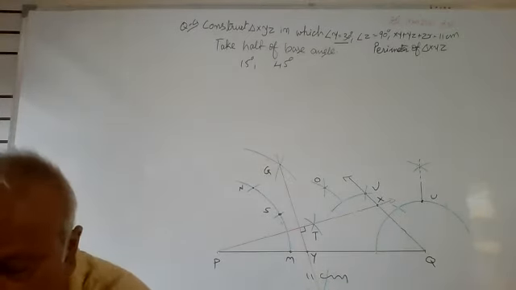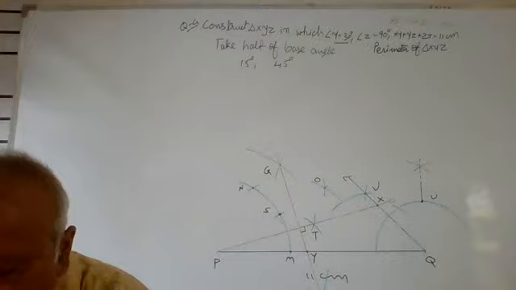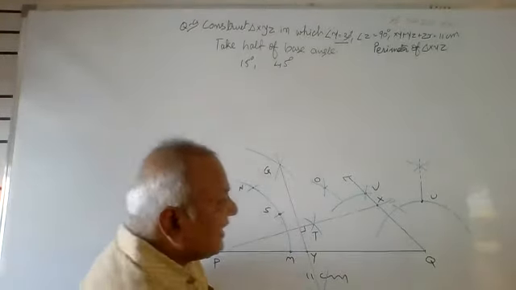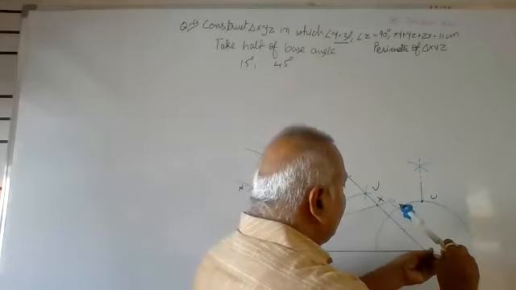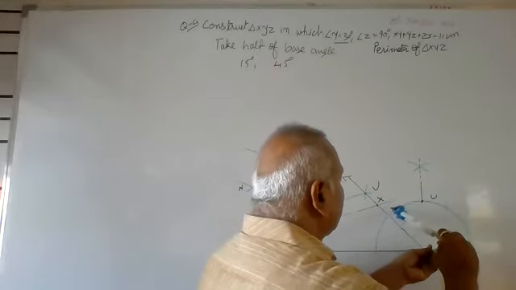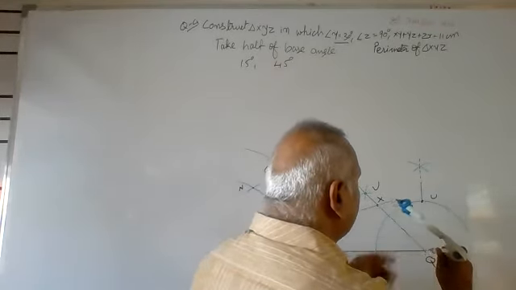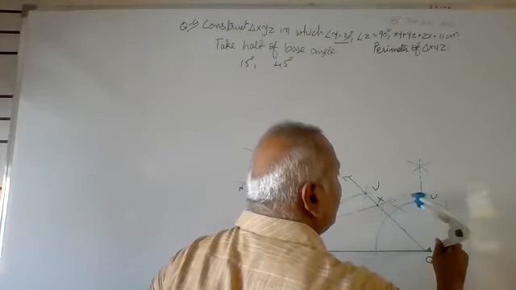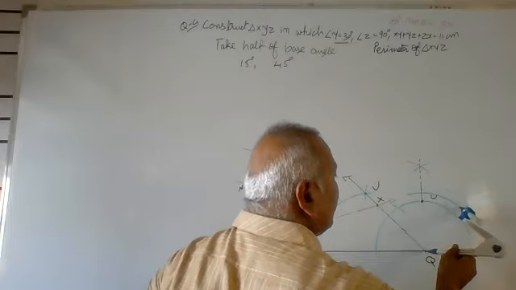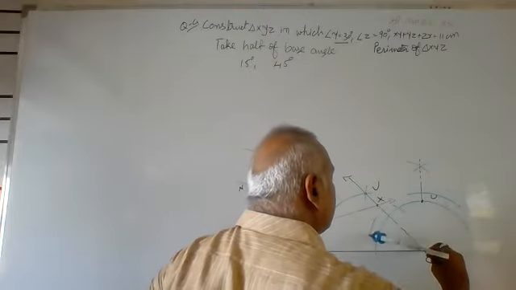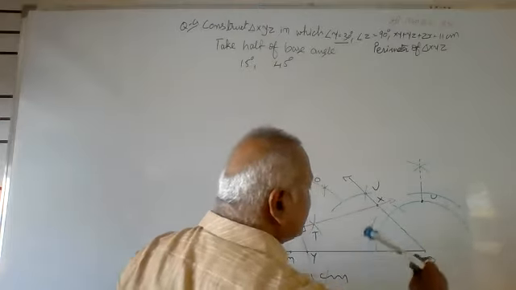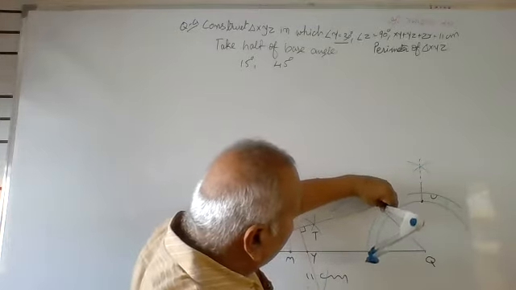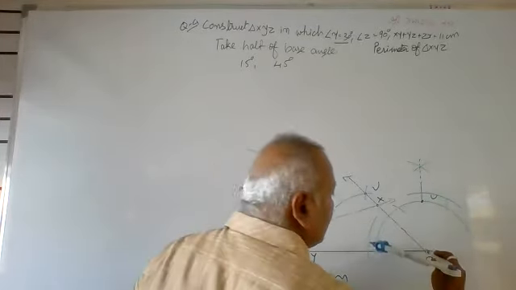The same way we have to draw the perpendicular bisector for X and Q. For that we have to take more than half measurement of XQ. One arc this side, the other arc this side. With the same measurement from X, we construct arcs.